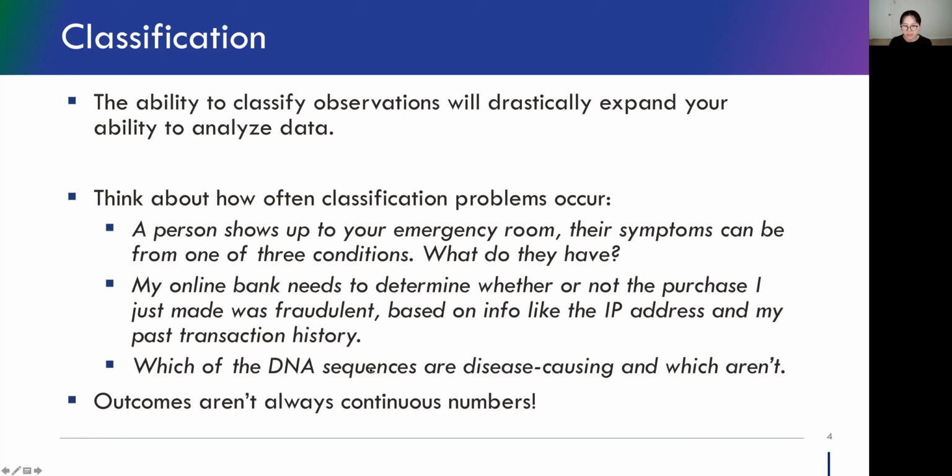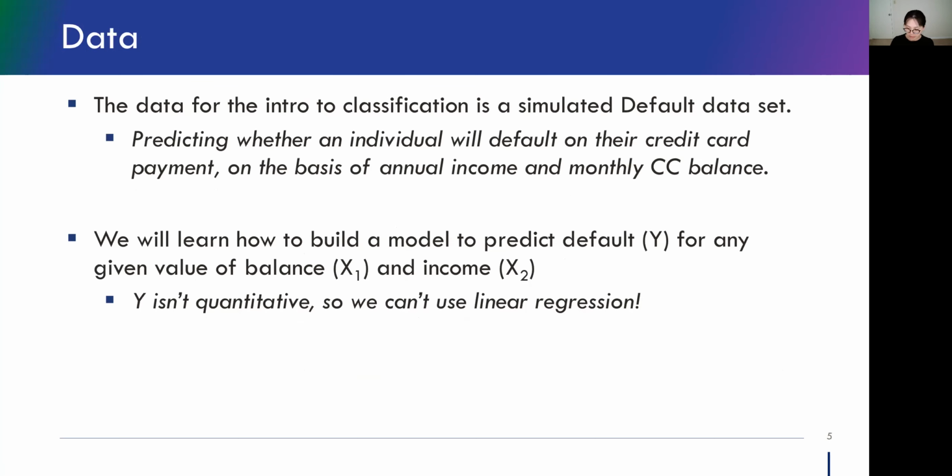Again, you are deciding something is or is not disease causing. In all of these cases, the outcomes are categorical, qualitative. They are not always continuous numbers. That's why we need logistic regression.